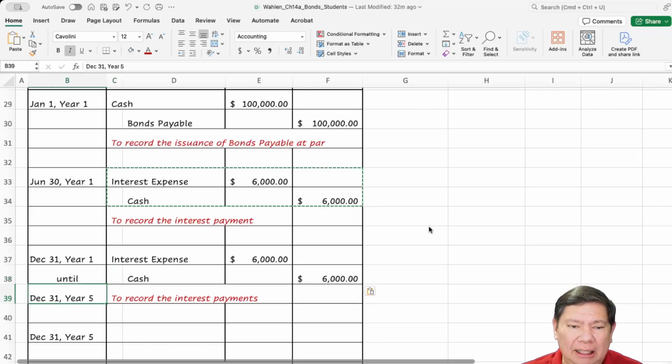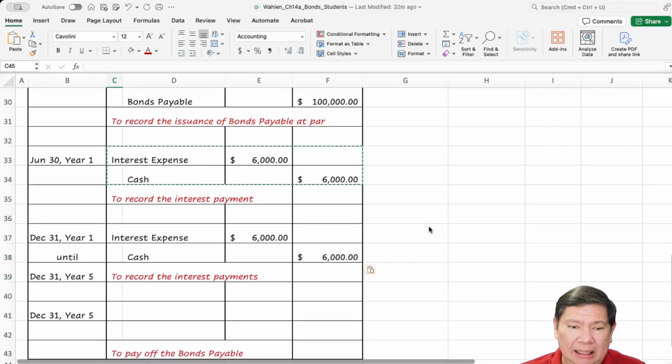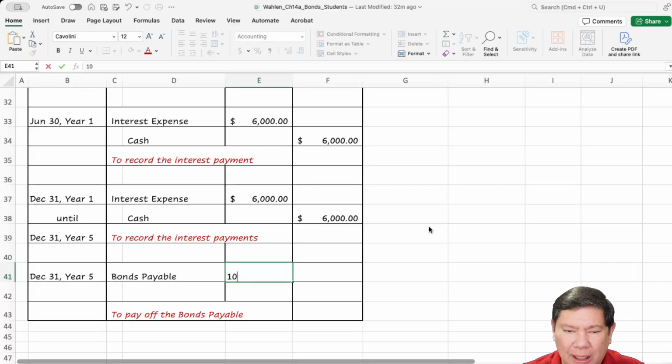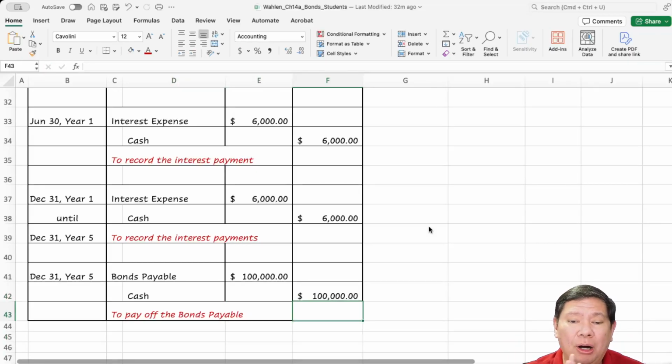On December 31st, year 5, after the company pays the last interest, the company will have to pay for the bonds, debit bonds payable $100,000 and pay cash 100,000. So at the maturity date, the bonds will have to be paid at its face value or par value.